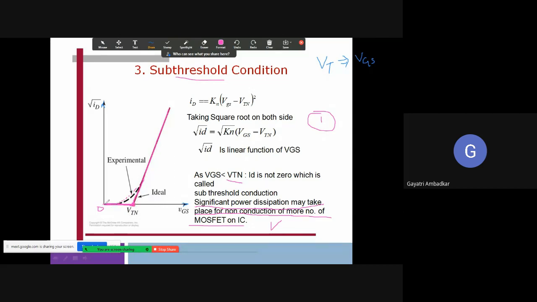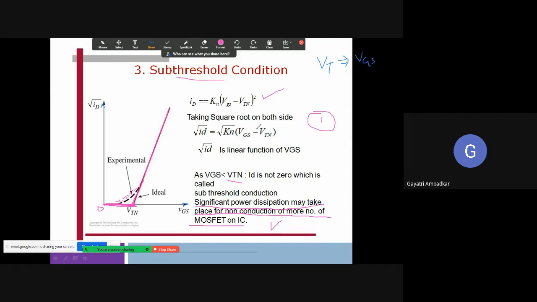So actually the ideal curve should be 0 up to here. You must get 0 till this point and then a linear increase, but practically you get some increase from the value before VT. Now what is this? ID equals K times (VGS minus VT) squared. You know this is the current equation for the MOSFET when it is in the saturation region.